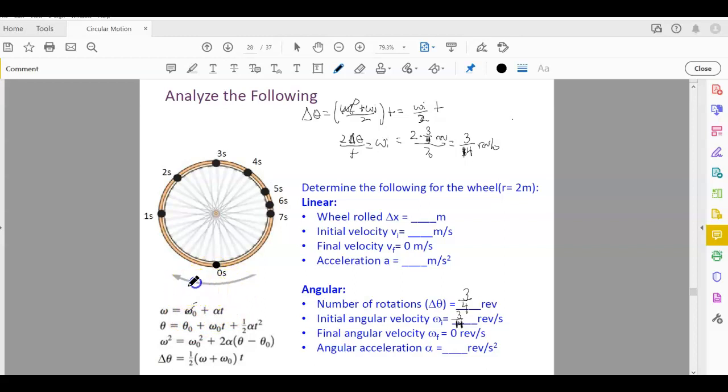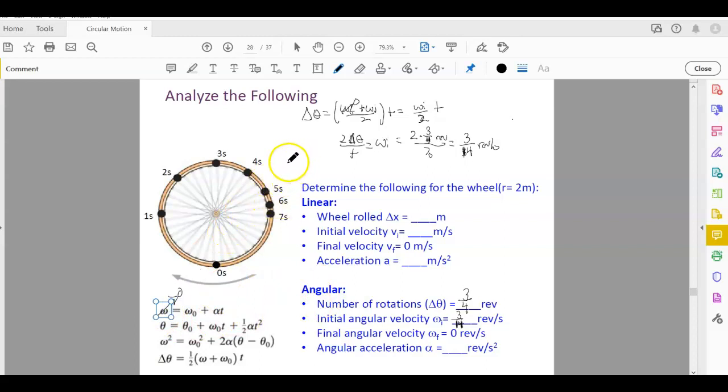Boy, that was wrong. Let's rewind that for a second. We're trying to find alpha, and omega final is 0. So this is 0.